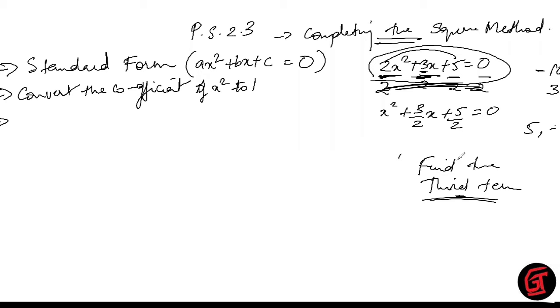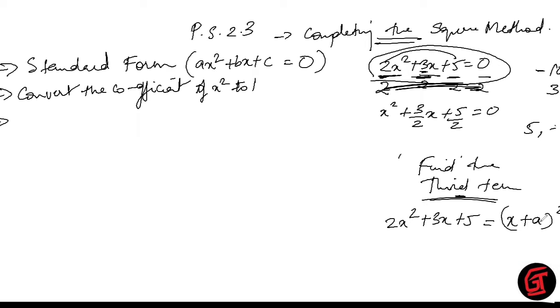What we do is find a suitable third term so that it becomes a complete square. To do that, we equate the original equation, 2x square plus 3x plus 5, with x plus a the whole square.